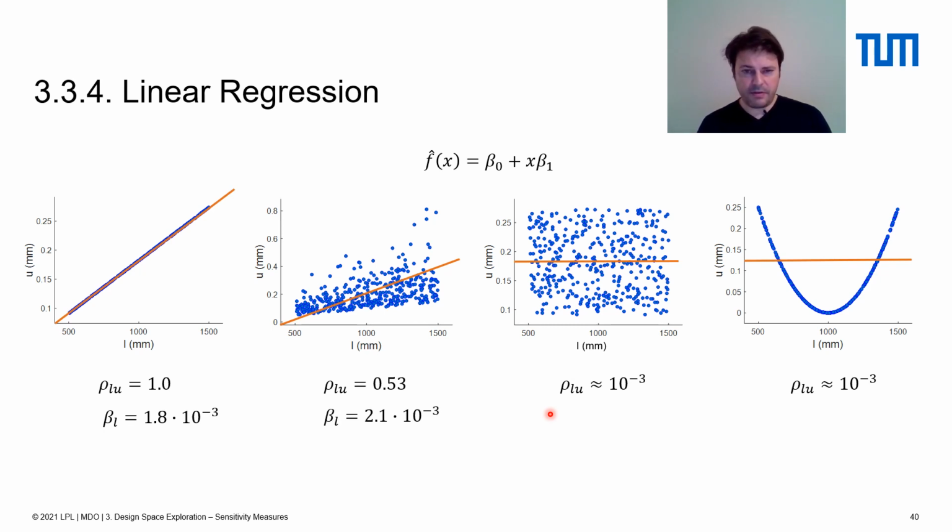In the second example, we have a correlation coefficient of 0.53, and the regression coefficient turns out to be larger. In this example, we have a correlation coefficient of almost 0 and also a regression coefficient of almost 0.